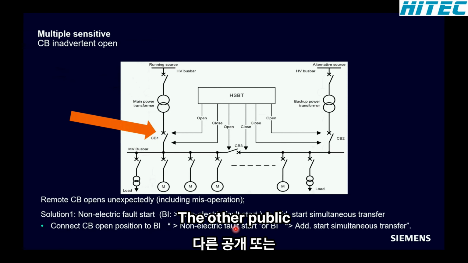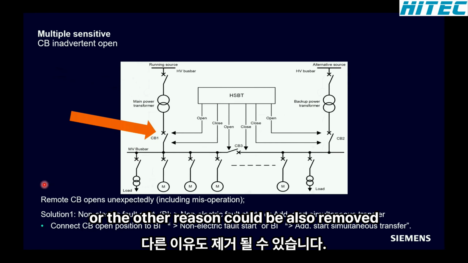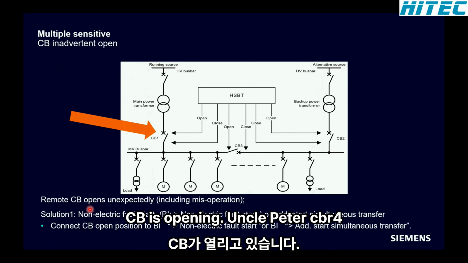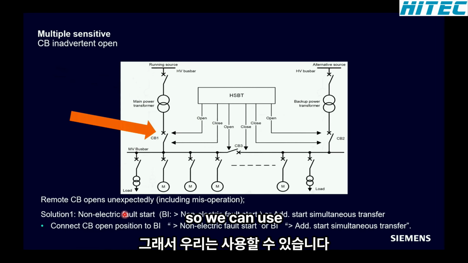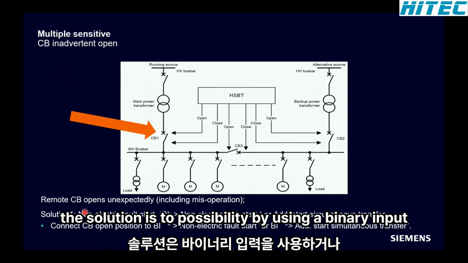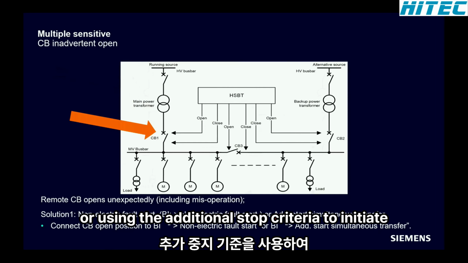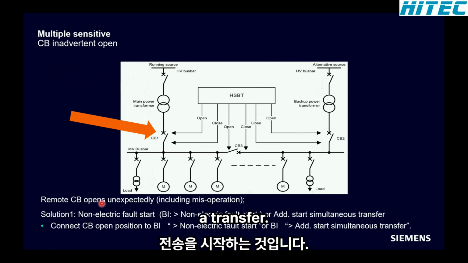The other reason could also be that a remote CB is opening. For example, this could be the CB here, where we have no information from the system. The first solution is the possibility of using a binary input or using the additional start criteria to initiate a transfer.